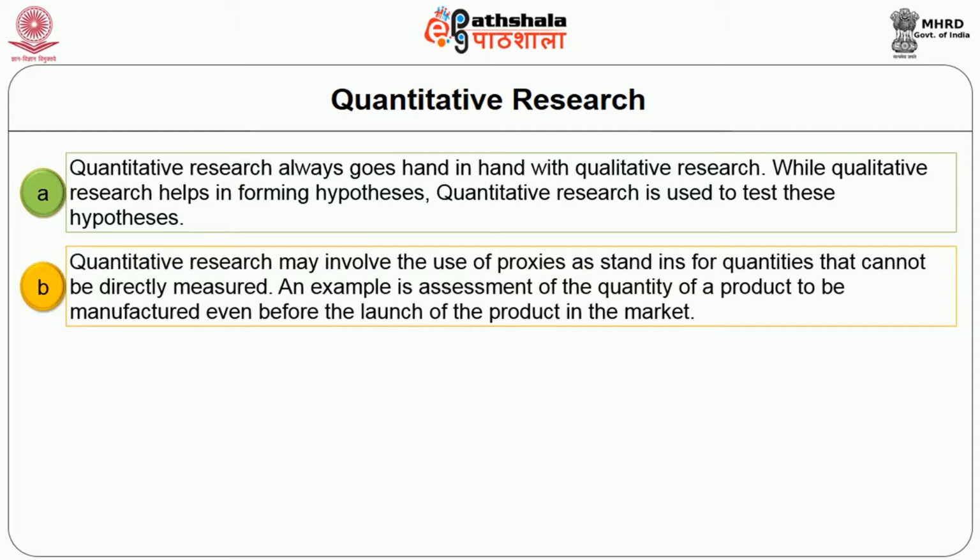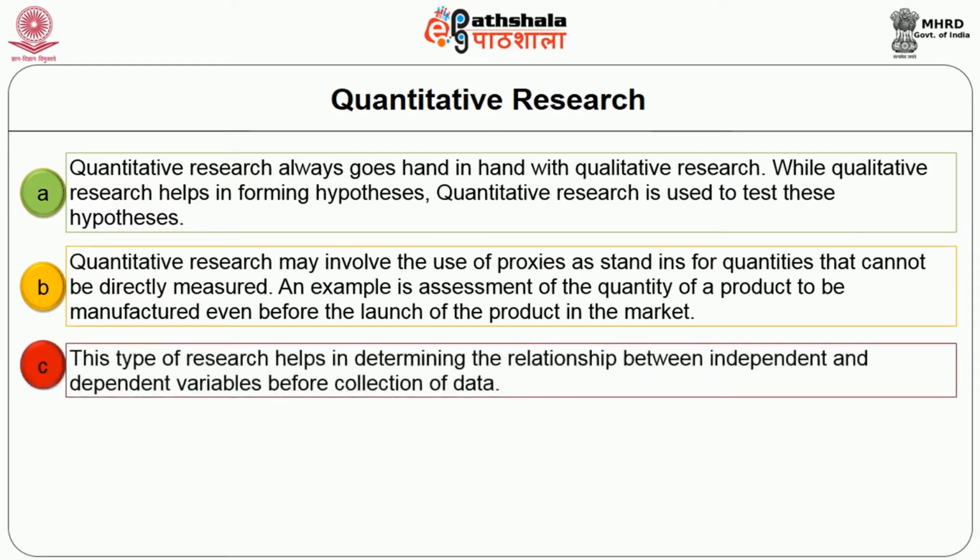Quantitative research may involve the use of proxies as stand-ins for quantities that cannot be directly measured. An example is assessment of the quantity of a product to be manufactured even before the launch of the product in the market.